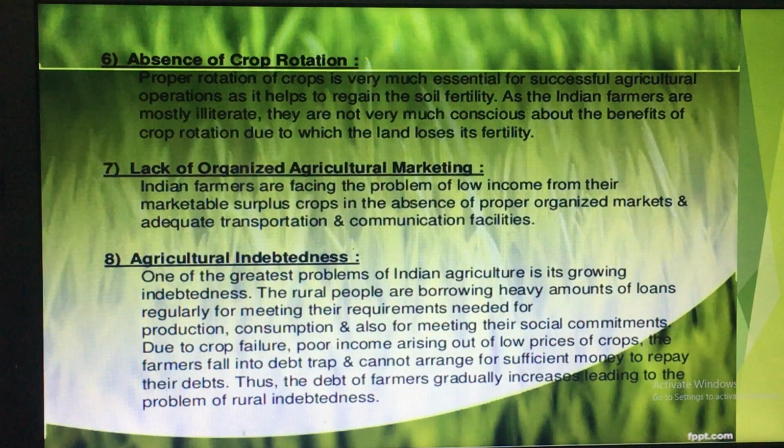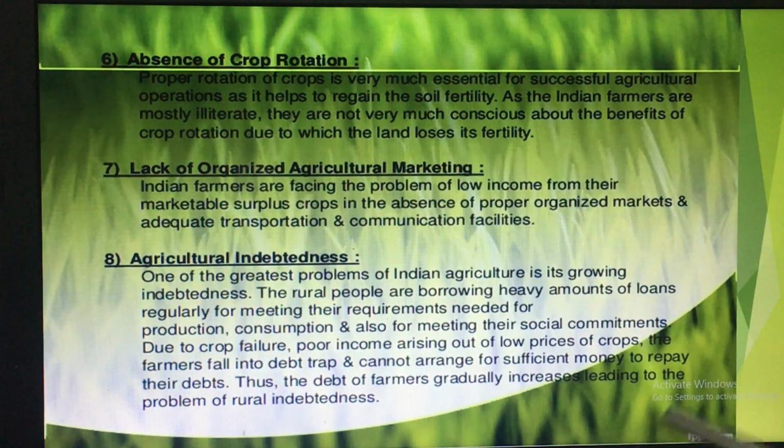And there is one more reason for the backwardness of the agriculture sector, that is lack of productive investment. There is nearly an absence of productive investment in Indian agriculture, as investment in agricultural land is found to be less attractive than alternative investment in jewelry, trade and moneylending. This also adds to the causes of low agricultural productivity in the country.